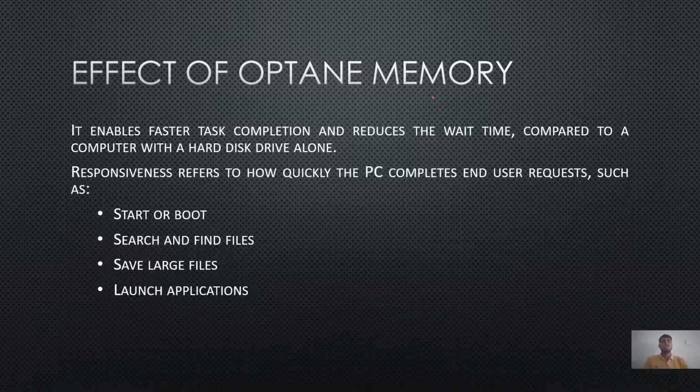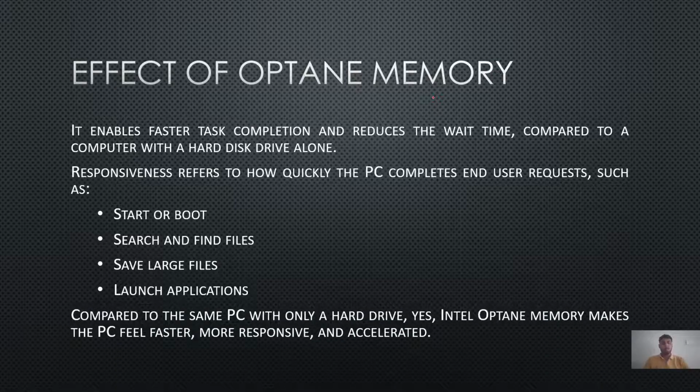The Optane memory offers a quicker and more responsive launching of applications, which will benefit gamers too. Now, when you compare with a basic system with only the hard drive, the Intel Optane memory makes the system feel faster, more responsive, and accelerated.